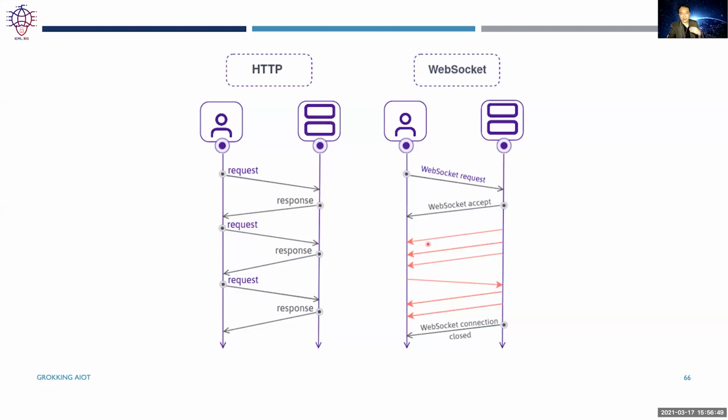After that, I can use that connection for whatever protocol I want to run within. It's actually transparent. It just opens up a pipe between the two points, and I can send anything in both directions. Previously, the pipe only allowed me to send requests from one end and a response from the other end. But once I've switched that connection into WebSocket mode, I can send multiple packets of data from the server without waiting for any request from the client.